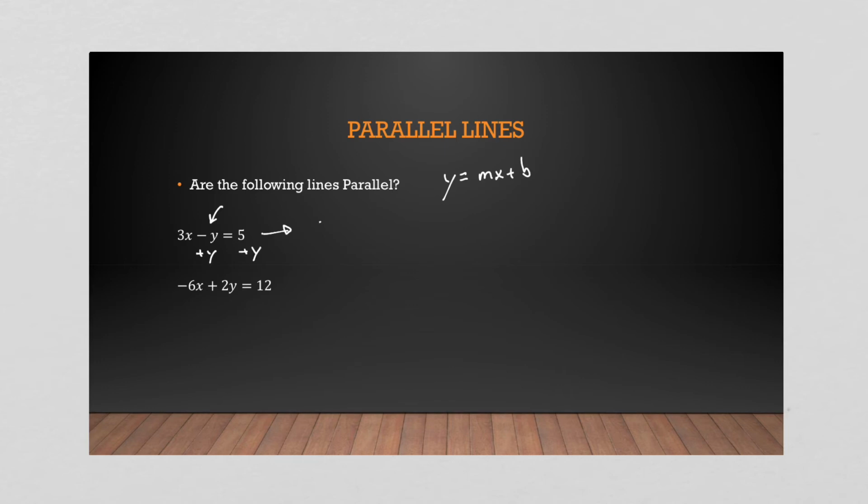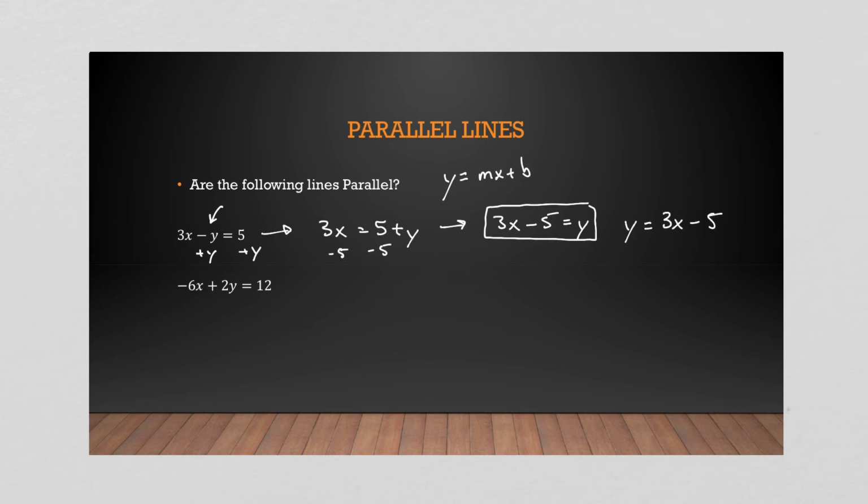Because now I get the equation 3x equals 5 plus y. It's almost the same, but now I've got to subtract 5 from both sides, and you get 3x minus 5 equals y. Now I hope that you can understand that that is exactly the same as that. It's just rearranged and looked at from a different perspective.